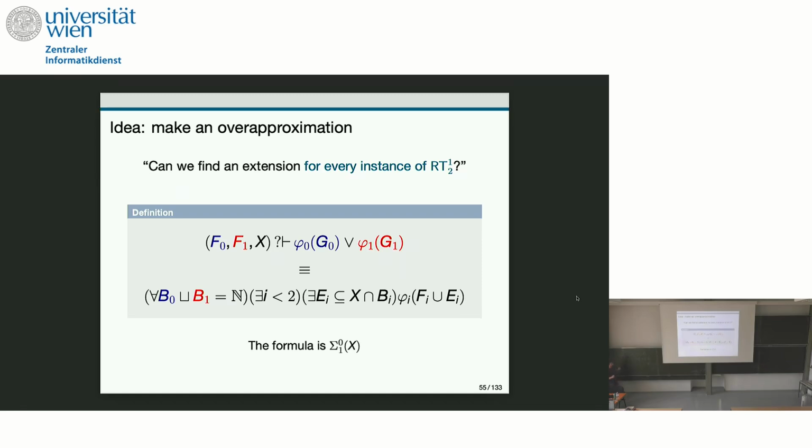But then you can build a tree of 2 partitions so that at the level L, you have the 2 partitions of 0 to L witnessing the negation. And so this forms a tree of 2 partitions for which you cannot find some E_i on any side for which it holds. And so actually by Koenig's lemma, you can find an infinite 2 partition witnessing this failure. So it's really compactness.